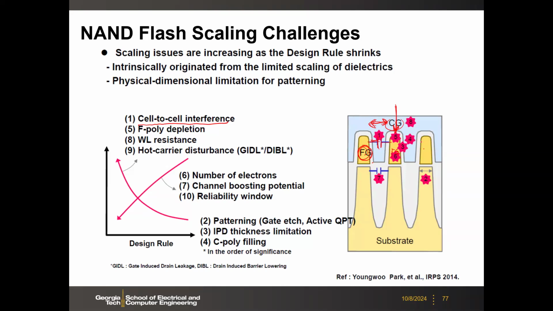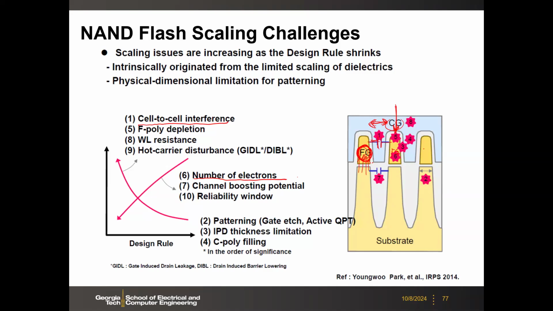Also, the number of electrons becomes a problem, because here the dimension is so small, like 10 nanometer or so. The number of electrons you can store, inject here, is only maybe a dozen, maybe 20, 30 electrons. If you lose one electron, you're going to shift the VTH by a few percent.